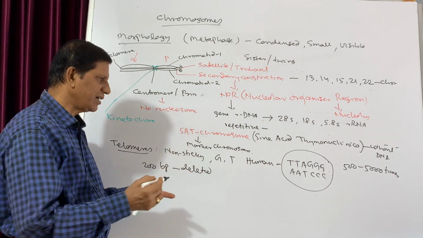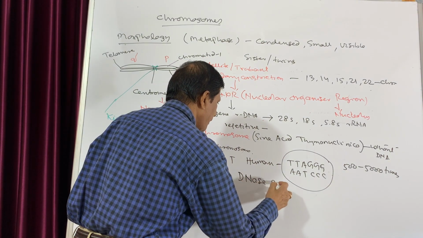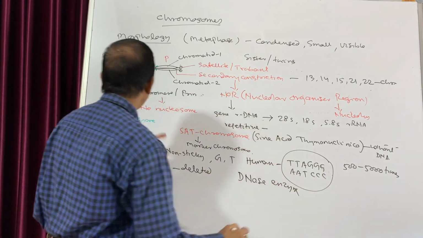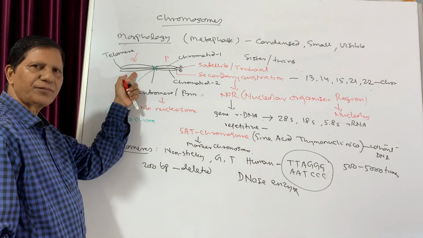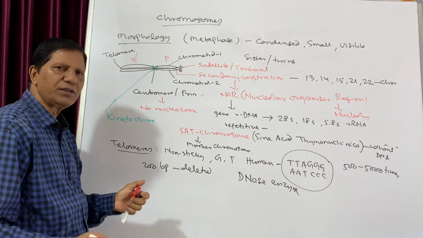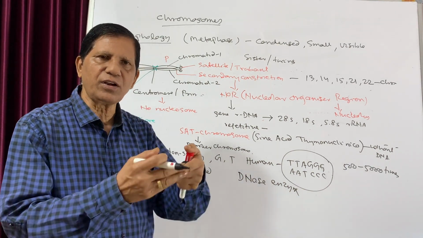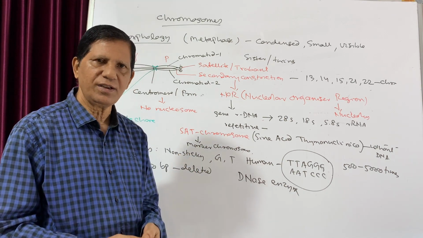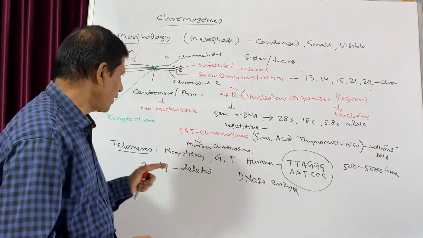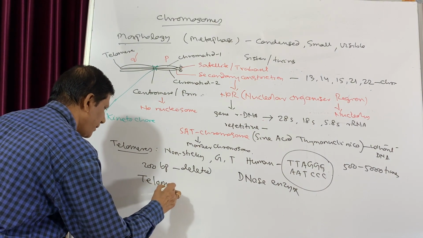In that case, the DNase enzyme will attack the main DNA. That is why these base pairs are synthesized again each time, so that the terminal end will not decrease. It is possible because at the terminal there is an enzyme known as telomerase.